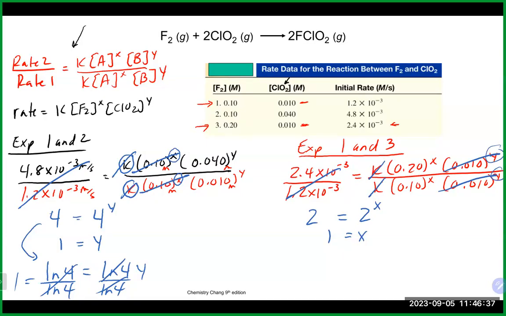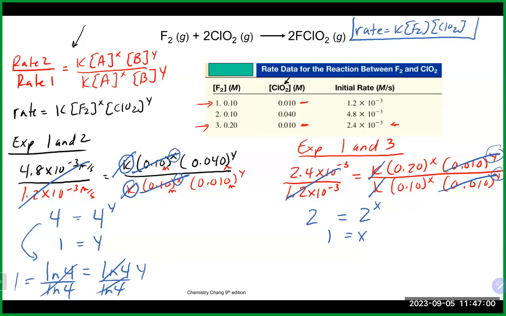That means now that we have the actual orders of each of these reactants, we could write the completed rate law, and it should look something like this. The rate is equal to K, F2, and ClO2. Much like most things in chemistry, if it is first order, you don't need to put the 1 up on top, so we don't typically write it.